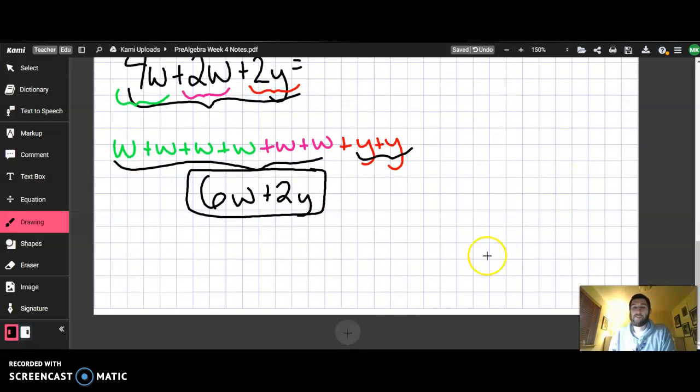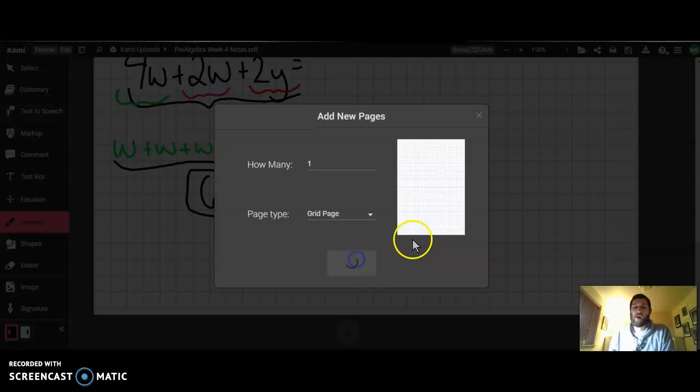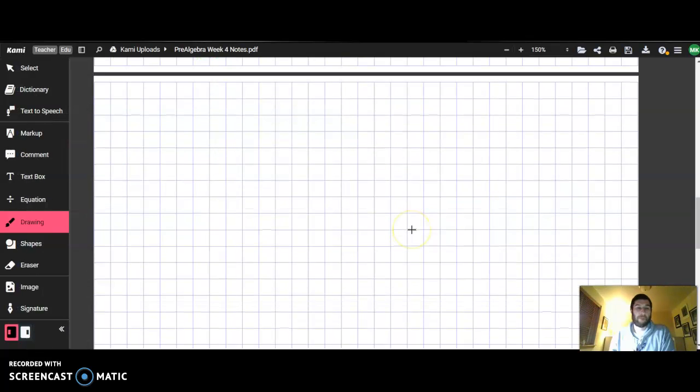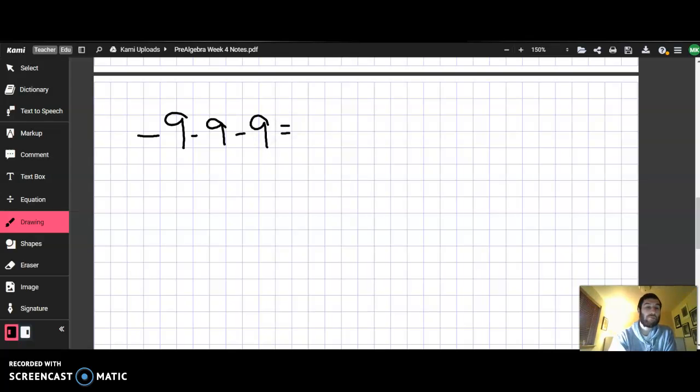So let's take this and now apply a little bit to the subtraction piece. We added 9 and 9 and 9 earlier. Let's do minus 9, minus 9, minus 9. Well, repeatedly adding gives us multiplication.